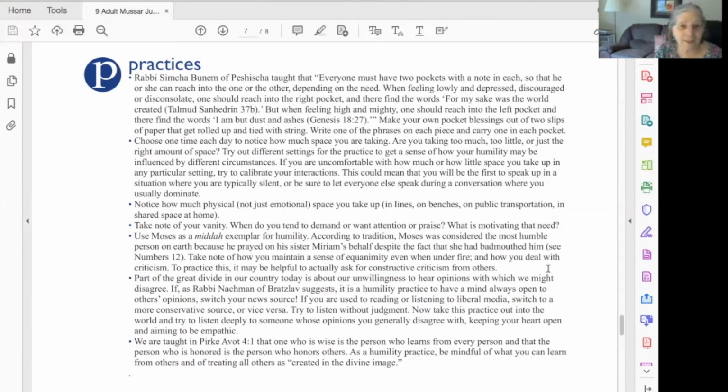The second practice says choose one time each day to notice how much space you're taking. Are you taking too little, too much, or just the right amount?